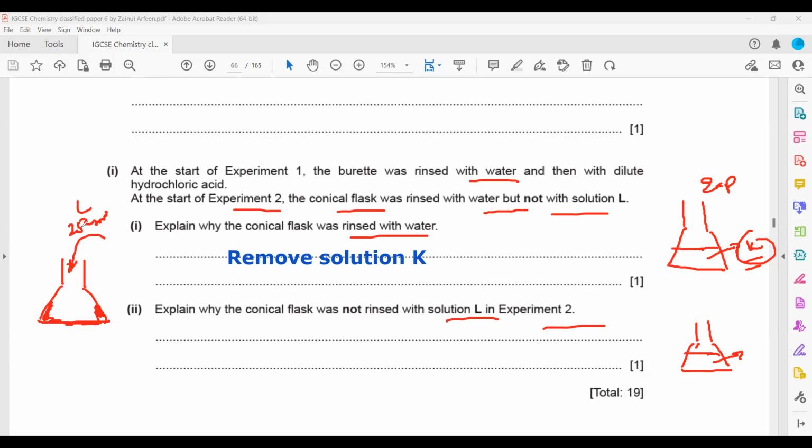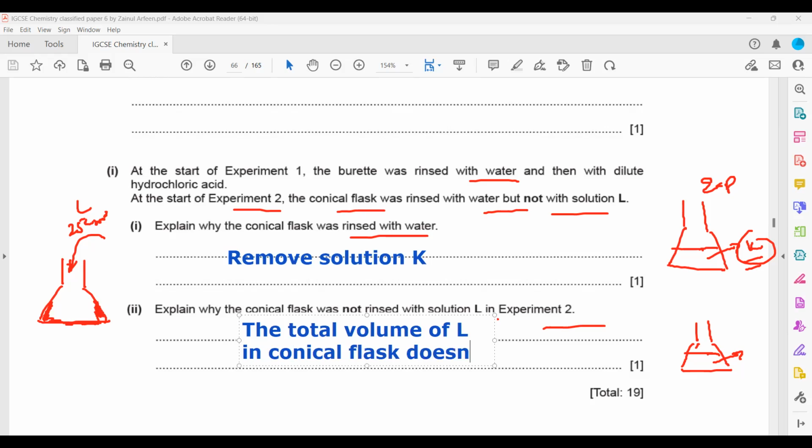That's why the conical flask is not rinsed with L. So the reason is that the total volume of L in the conical flask does not change.